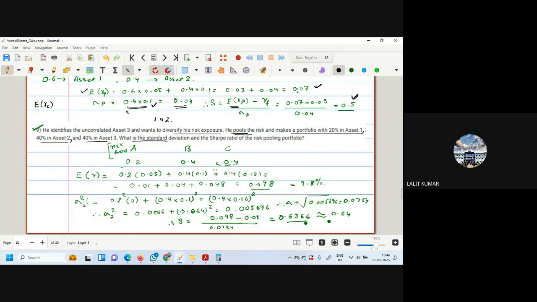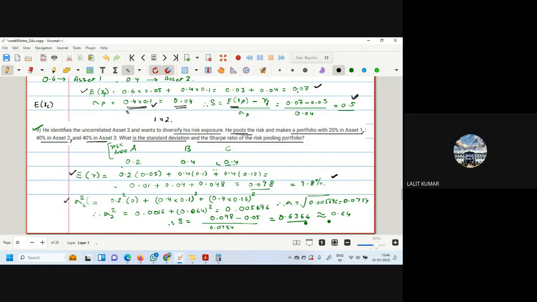Now, what is the standard deviation and the Sharpe ratio of the risk pooling portfolio? So in this, first we find the total expected return. We can make it because weights are given. So we get, for example, 9.8%.